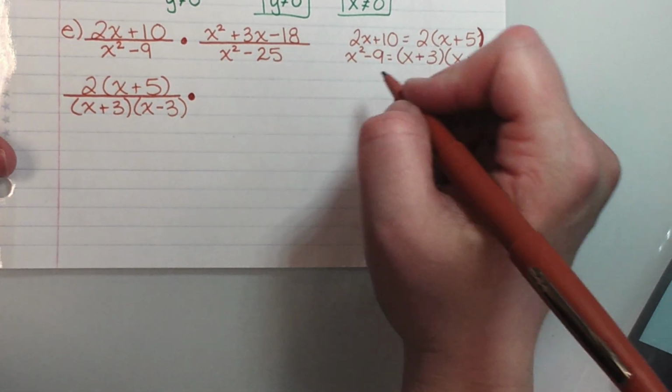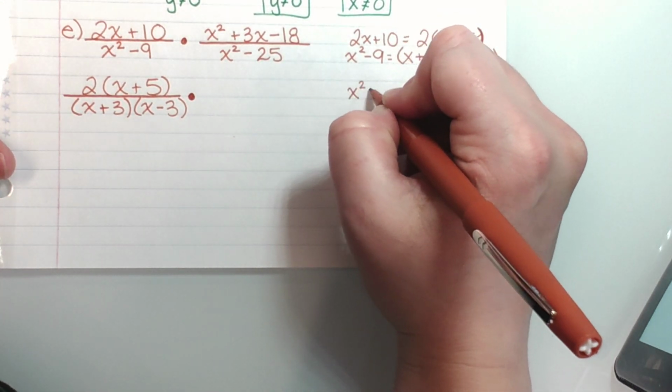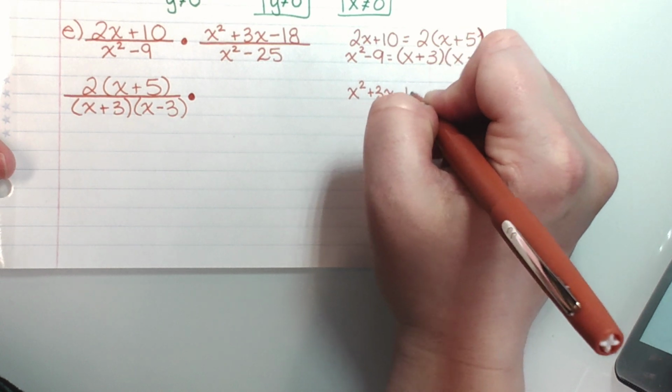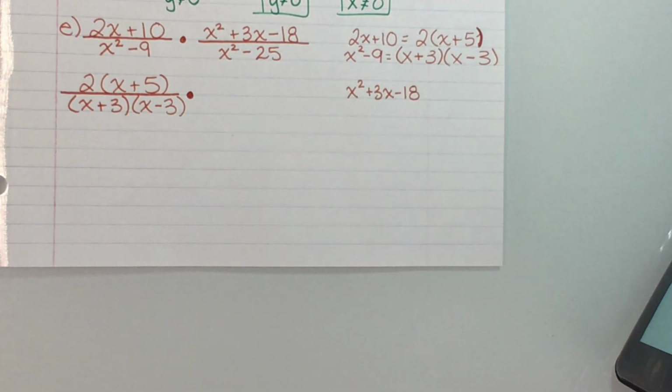Okay, now I take the second fraction. x squared plus 3x minus 18. Then I factor it. Greatest common factor is 1. So I move on. It's quadratic, which means AC method, or it's shortcut, or it might be a difference of squares.